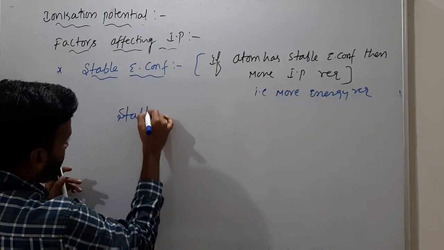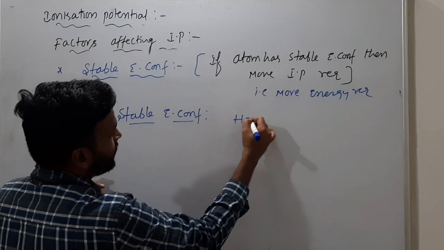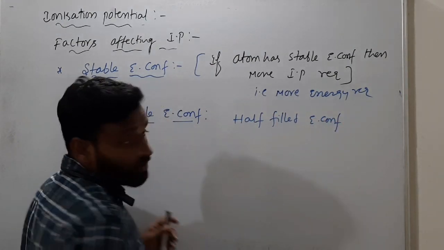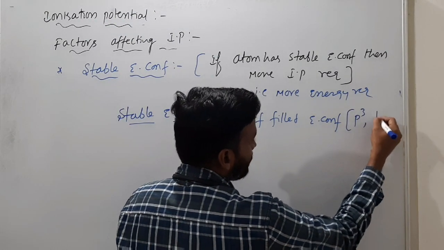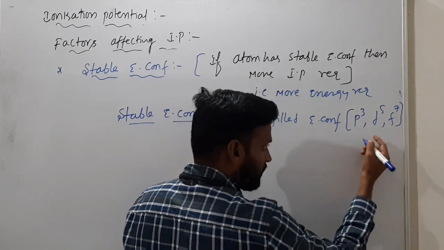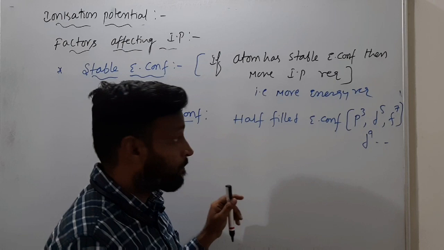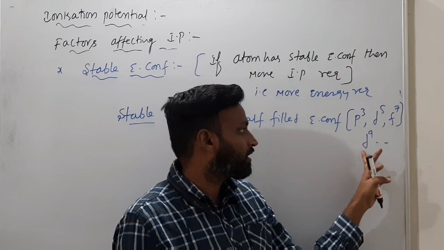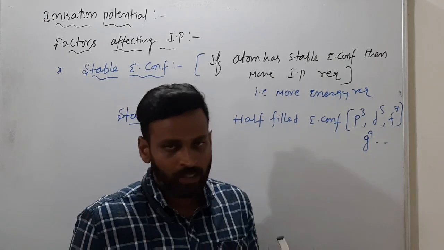Tell me a few stable electronic configurations. I already gave them. Stable electronic configurations mean half filled electronic configurations. Not for S, I told you, S is an exceptional case. Half filled means P3, D5, F7, and so on. P has 3 degenerate orbitals, D has 5, F has 7, and then G, and so on.